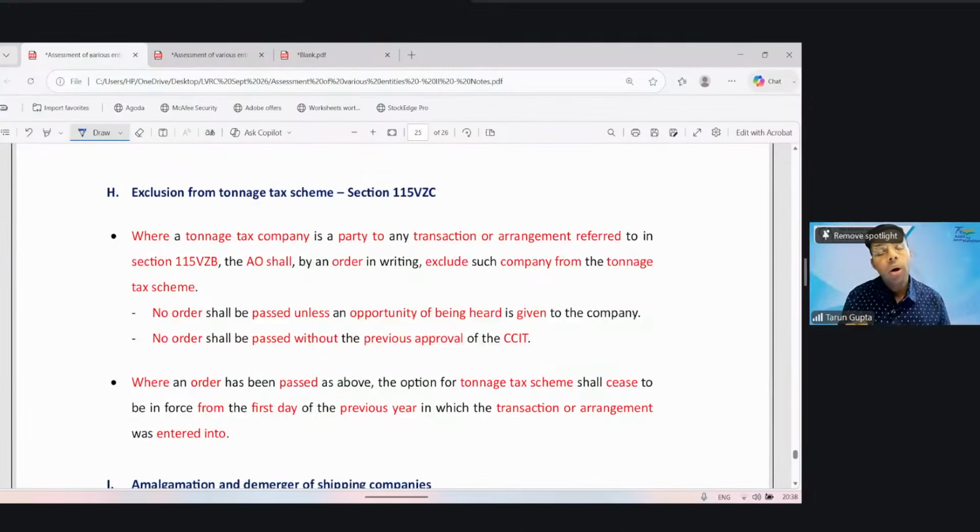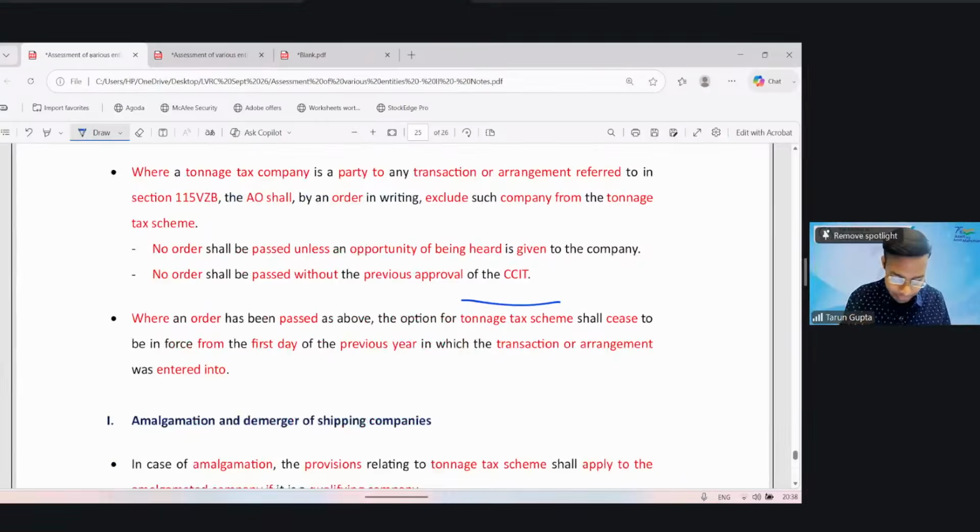Such order shall be passed after giving an opportunity of being heard and with the approval of the CCIT or PCCIT. And if any such order is passed, then the company cannot again opt for the scheme for at least 10 years.